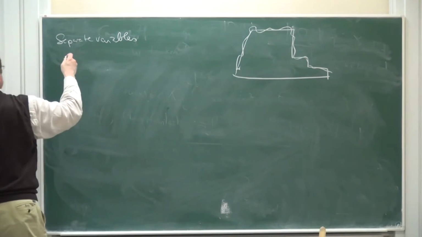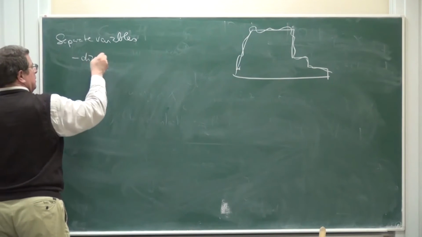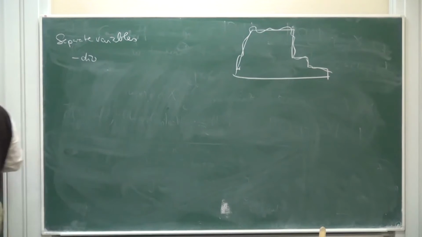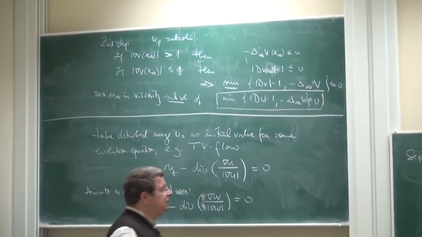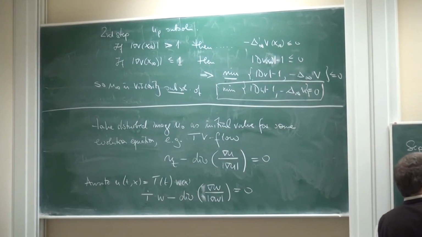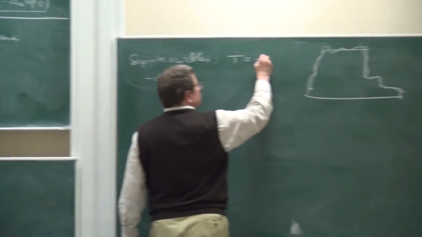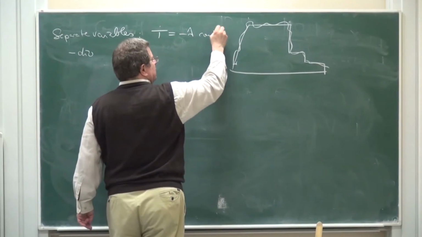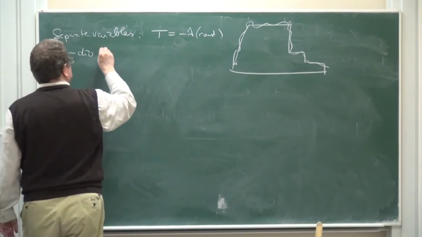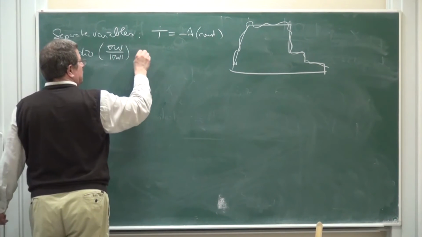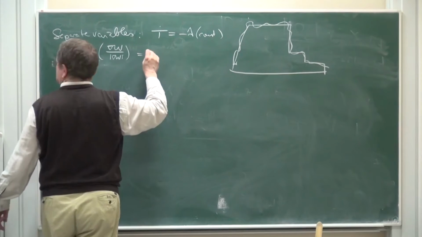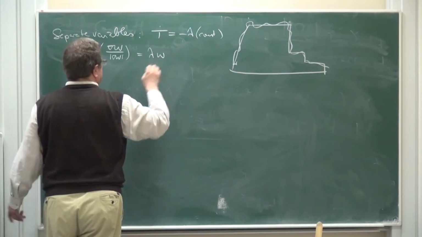And you find out that T dot is the only thing that seems to depend on t. Everything else does not depend on t, so T dot cannot depend on t. T dot must be a constant. And minus divergence of gradient w over modulus gradient w is equal to lambda times w.